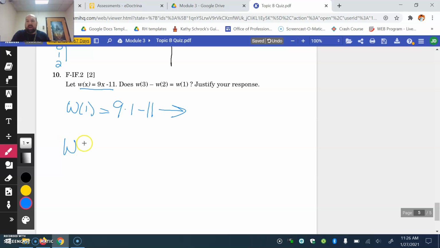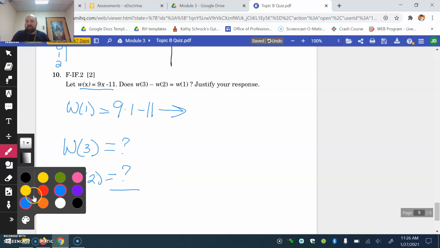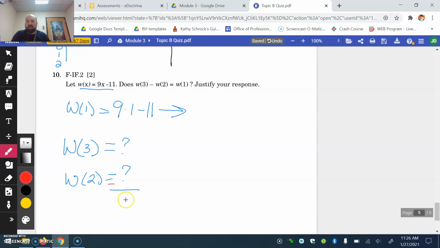Then figure out what w of 3 is, doing the same thing, and what w of 2 is, again, doing the same thing. Then subtract those values and you will get some number. Okay, if those are the same, then you can say yes or no.